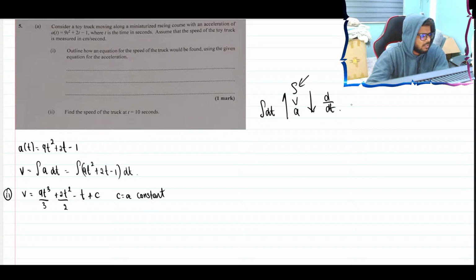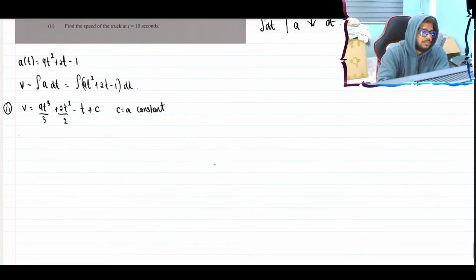Let me just look in the rest of the question and see if they give any conditions. Find the distance, they didn't. Outline how an equation for the speed of the truck would be found using the given equation. Alright, no conditions.